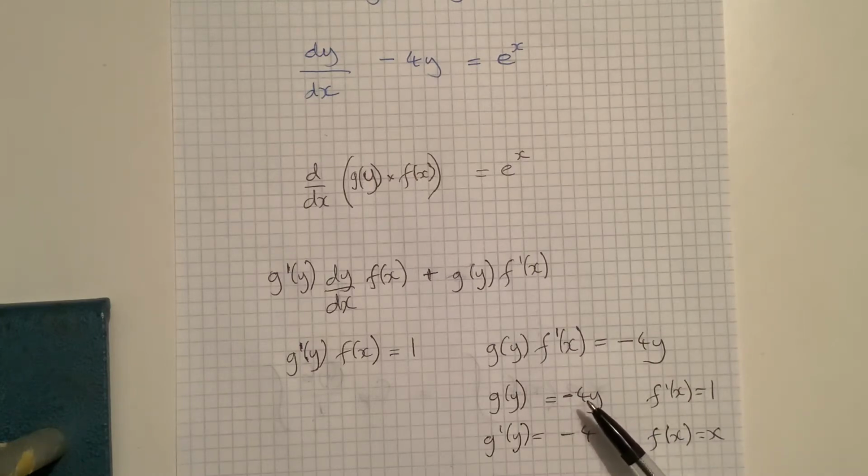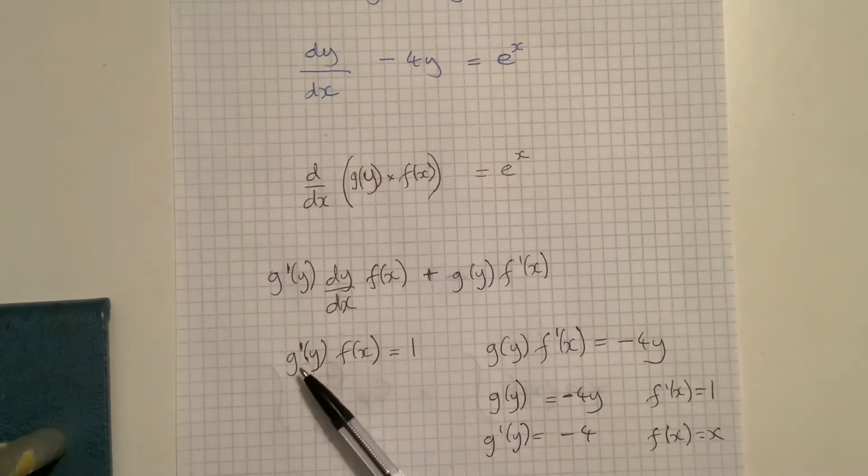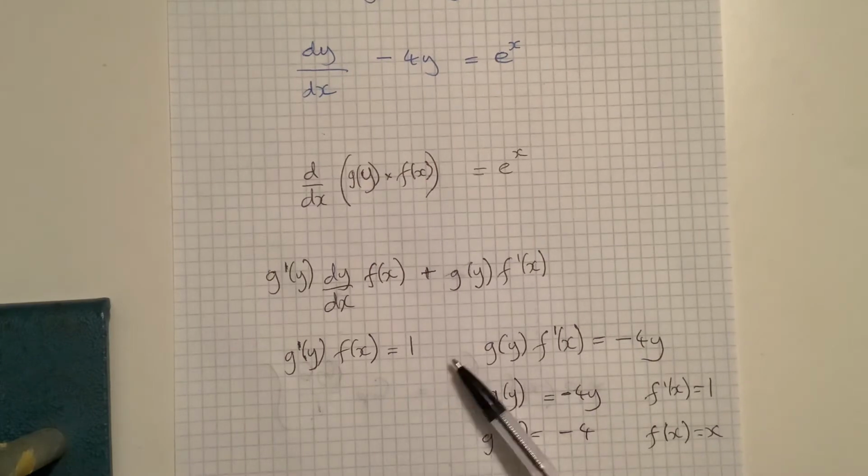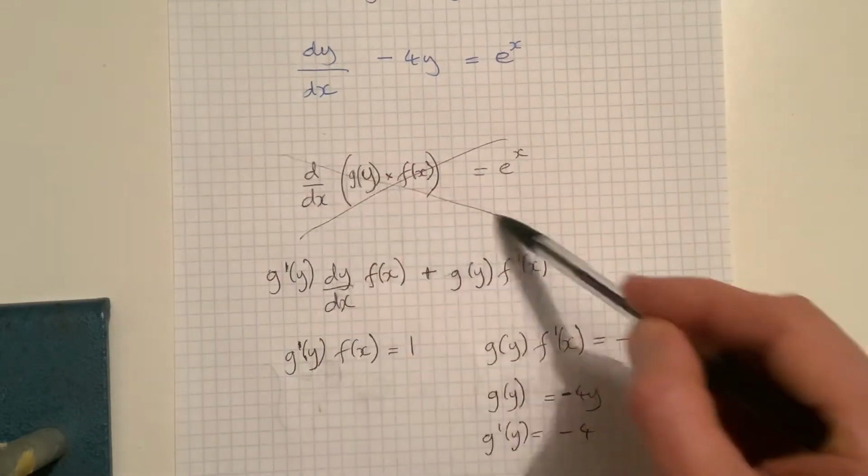If that was the case, g dash would then be minus 4, f of x would be x, so just integrating this. Then I think, okay, if I multiplied these two things together, would that give me this? Would that give me g dash y f of x equals 1? Well, no, obviously not. Multiplying these two things together would give minus 4x, not 1. So this method will not work for this question.